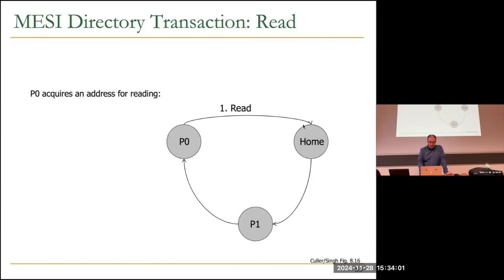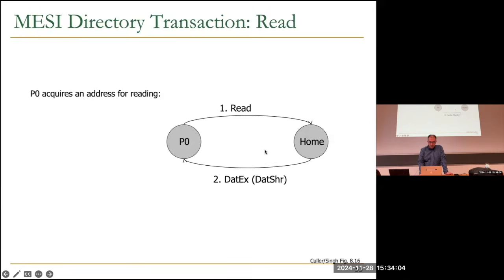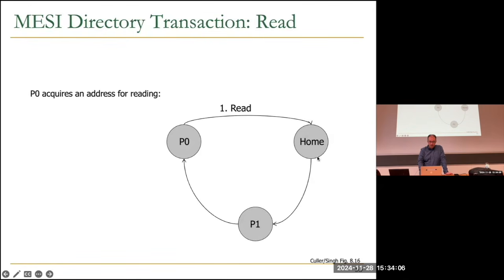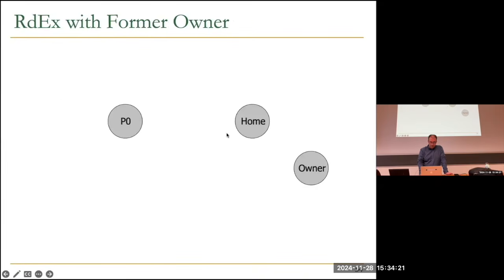Or, for example, the directory can ask another node, like processor 1, to send the data to P0. So P0 wants to read the data. This home directory knows that P1 has the updated data, so it will ask P1 to send the data to P0, essentially.